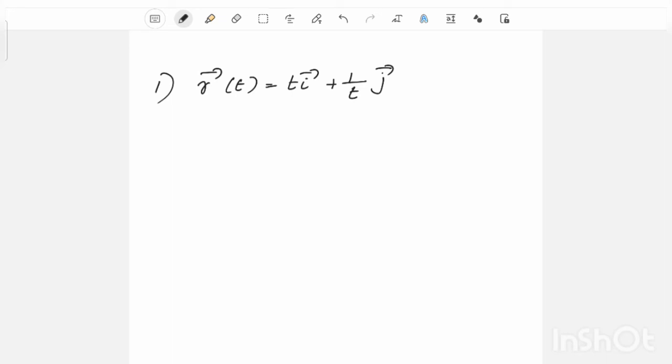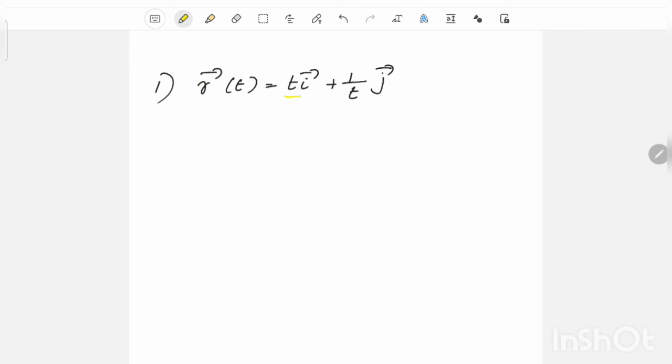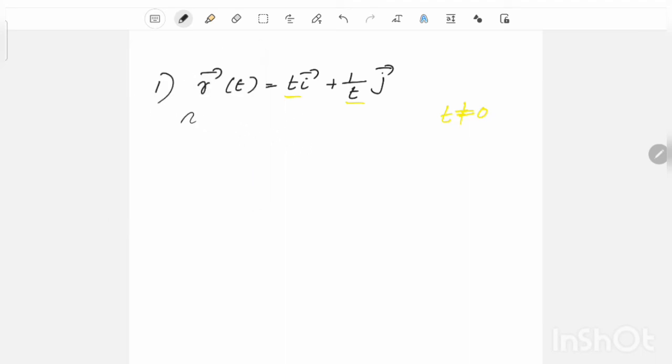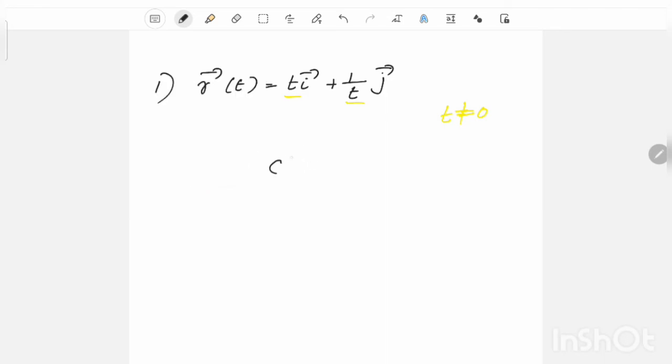Here, t can be defined on any subset of the real line, or on the real line itself. 1/t is not defined at t = 0, so it's defined only when t is not equal to 0. Therefore, both the functions are defined on the interval (-∞, 0) ∪ (0, ∞).